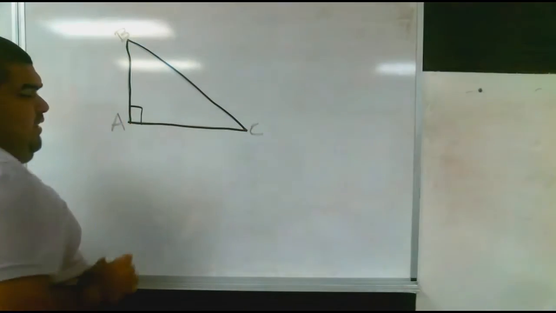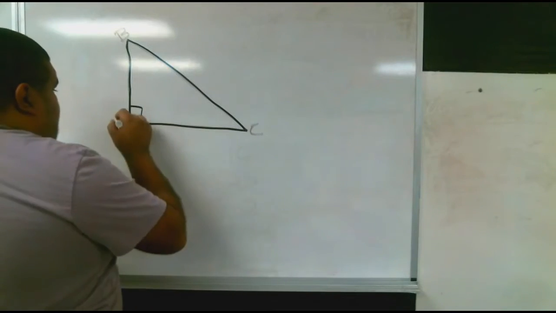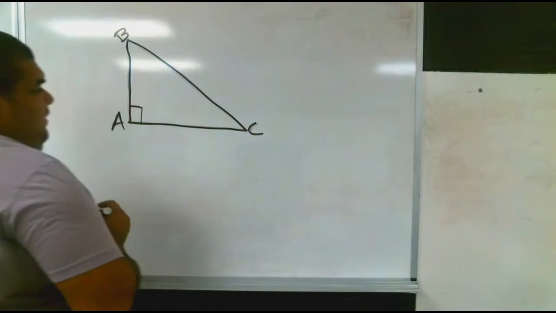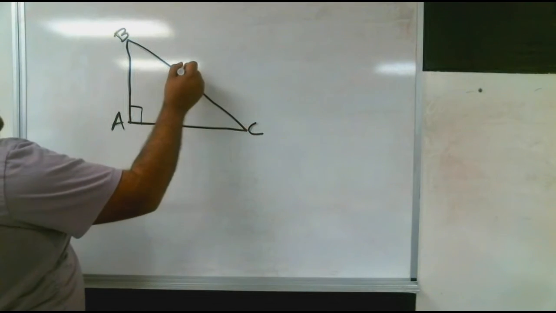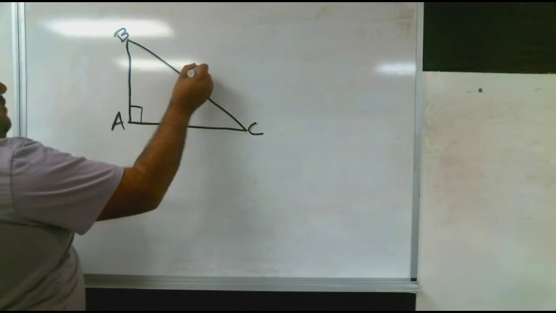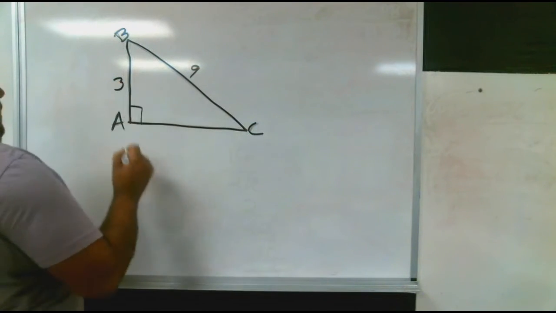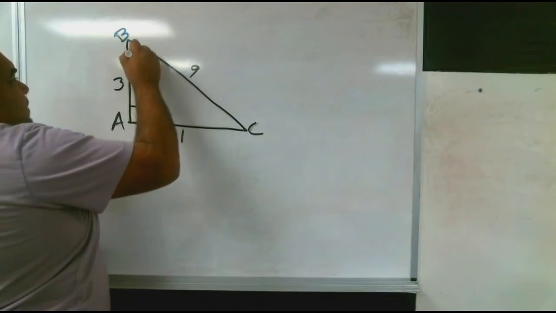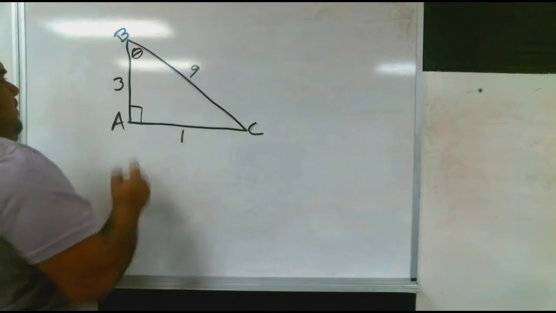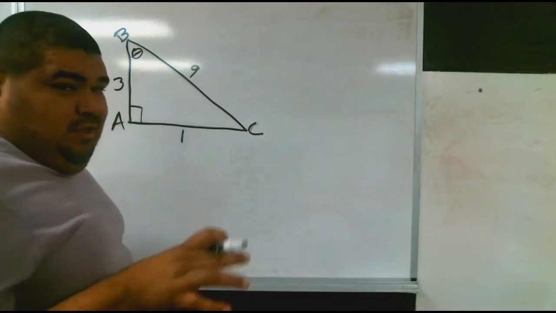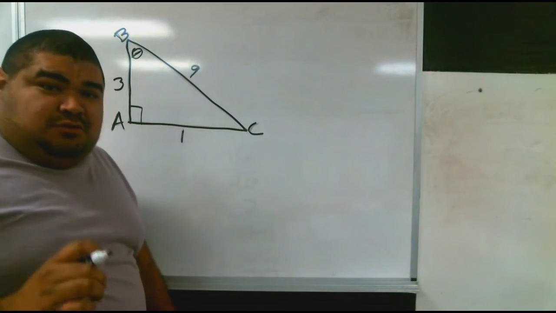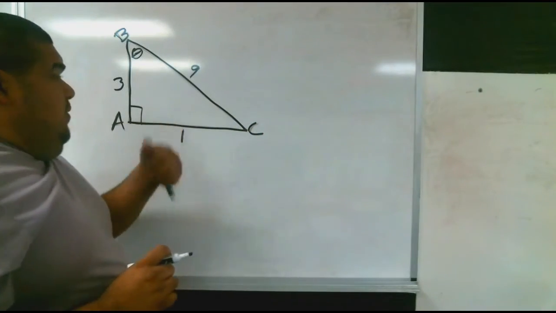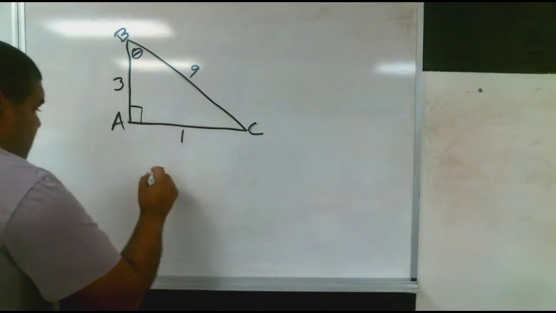There's our right triangle, with A, B, and C. We have 9, 3, and 1. Theta is going to be on B. Again, you have to label it opposite, adjacent, hypotenuse, and then also give me sine, cosine, and tangent for this triangle.